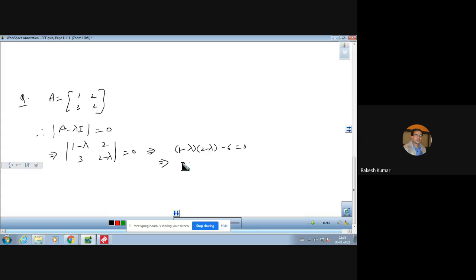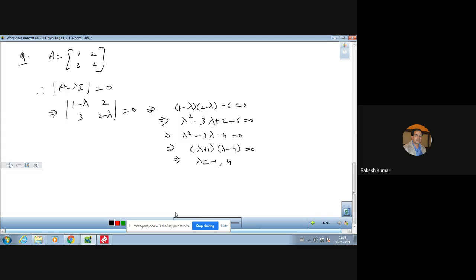This equation comes out to lambda square minus 3 lambda plus 2 minus 6 is 0. Factorizing this quadratic equation, (lambda plus 1)(lambda minus 4) is 0. So this matrix has two eigenvalues, minus 1 and 4.